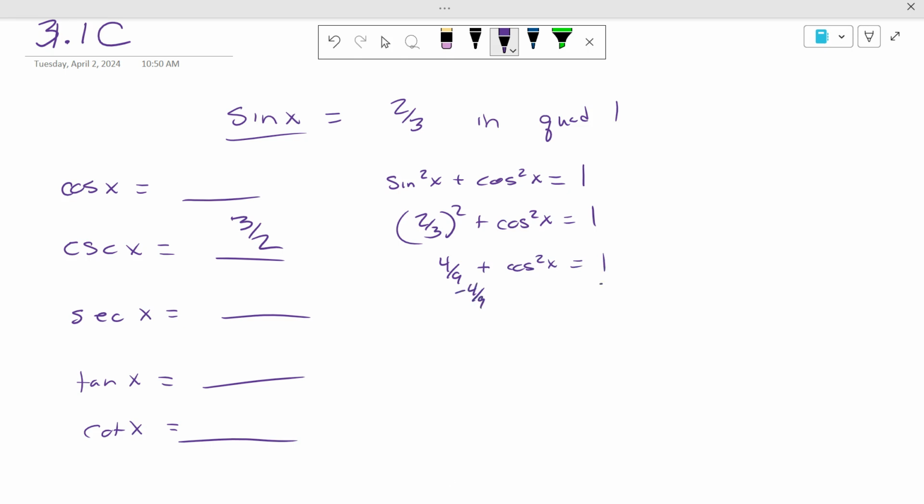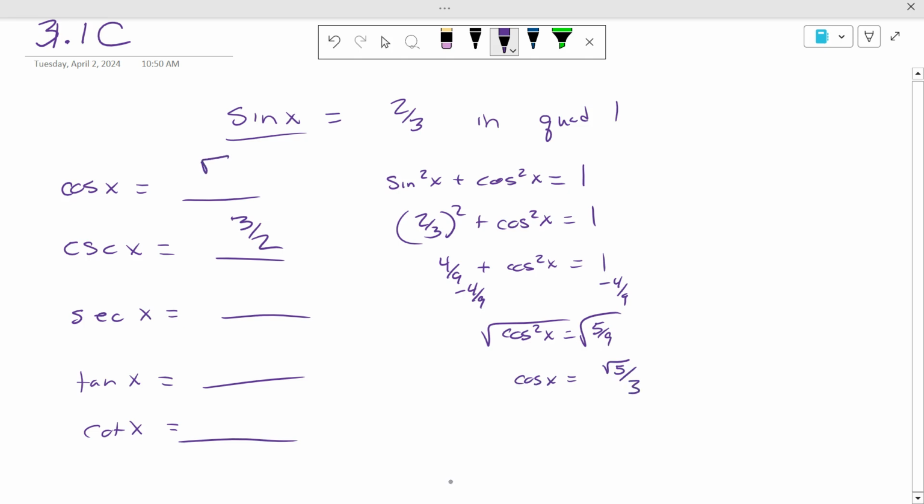Subtract 4/9. Cosine squared of x equals 1 minus 4/9, which is 5/9. Then take the square root of each side. So it's the square root of 5 over, what's the square root of 9? So the cosine of x is square root of 5 over 3.